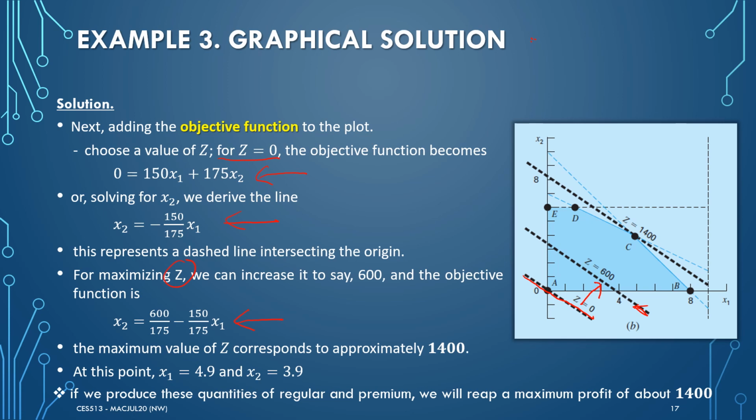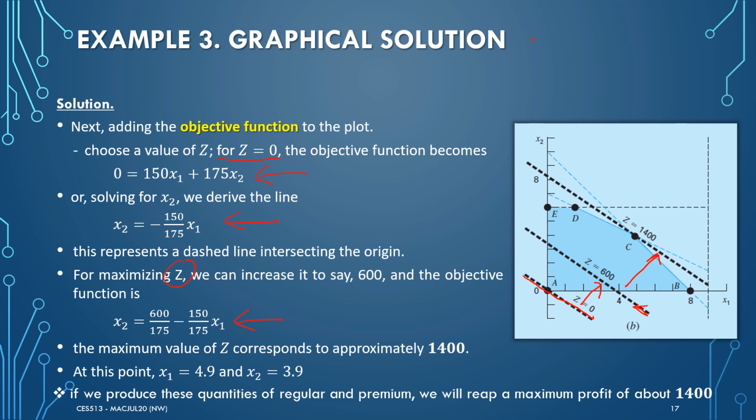For the same reason, however, there is still room for improvement. Hence, Z can keep increasing until a further increase will take the objective beyond the feasible region.